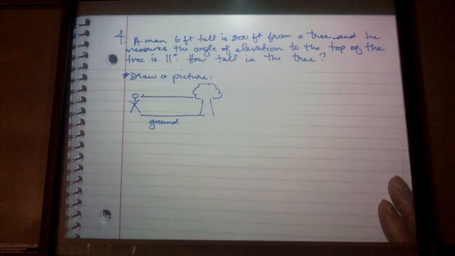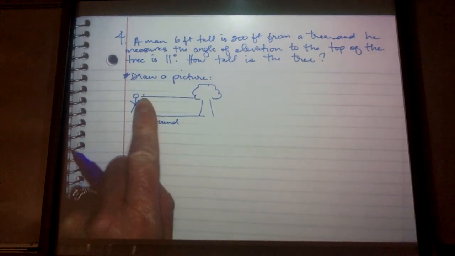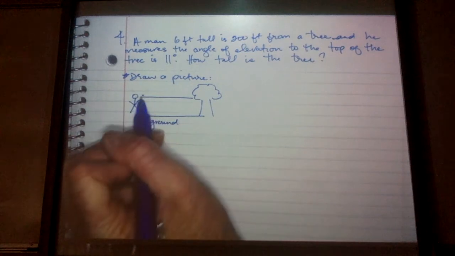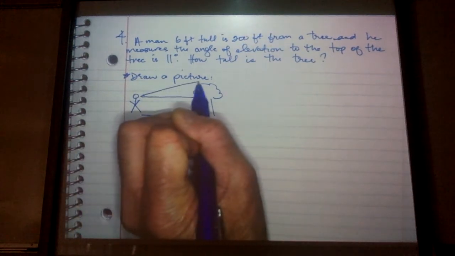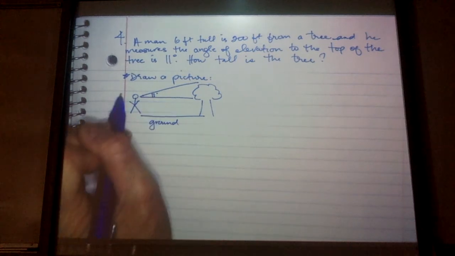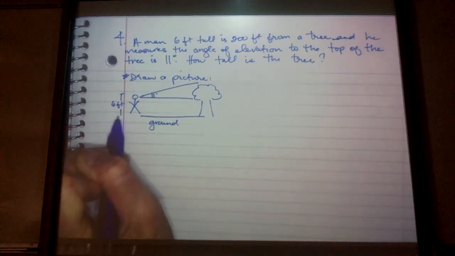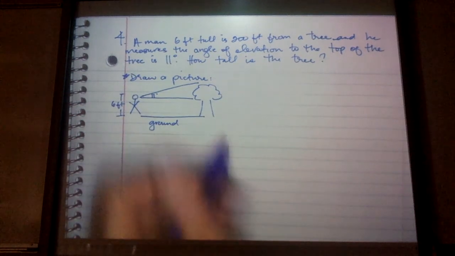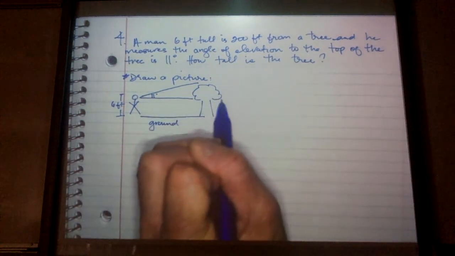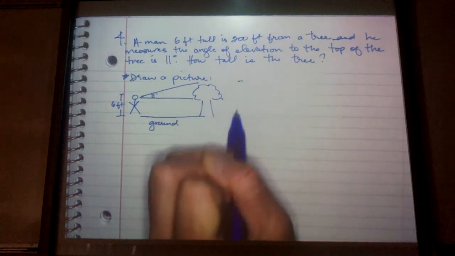So you're not drawing it from the ground. You're drawing the angle of elevation from his eyes. So I know that this right here is 11 degrees, and I know that he is 6 feet. So they want to know how tall the tree is. So they're looking for this whole thing.